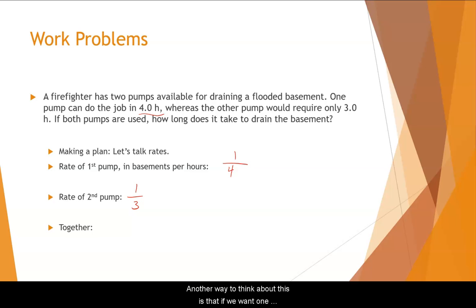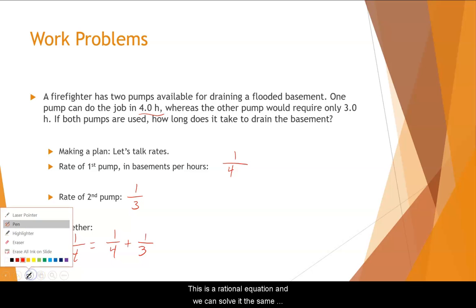Another way to think about this is that if we want 1 over the total number of basements, so 1 over T, that would equal how fast the first pump can go and how fast the second pump can go. In other words, 1 over the total time equals 1 over the time it takes the first pump plus 1 over the time it takes the second pump.